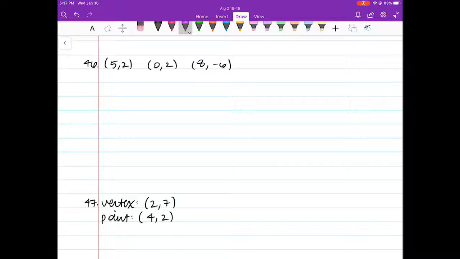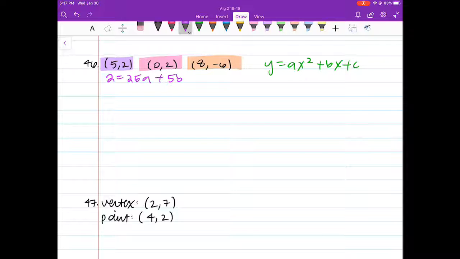In problem number 46, they gave me 3 ordered pairs. So that means that I want to write this in standard form, which is y equals ax squared plus bx plus c. And I plug in each of these ordered pairs individually to see what happens. So plugging in my first ordered pair, I have 2 equals a times x squared, well, that would be 25a, plus b times x, well, that would be 5b, plus c.